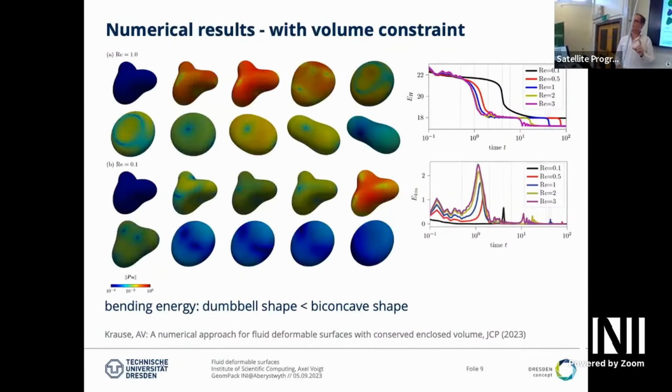What I'm only saying is that the flow influences the dynamics, and it helps you to go through this meta-stable state here and find the equilibrium configuration. Okay.